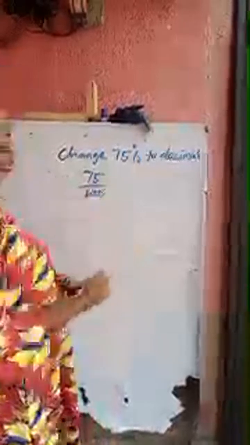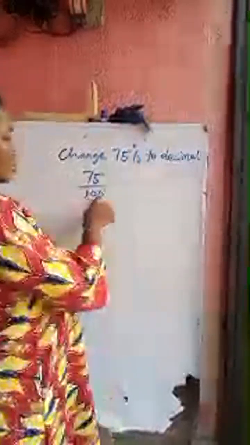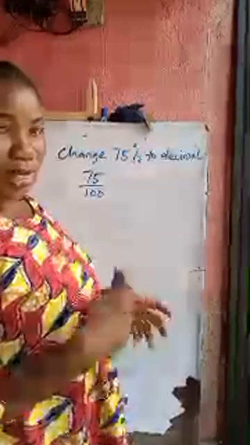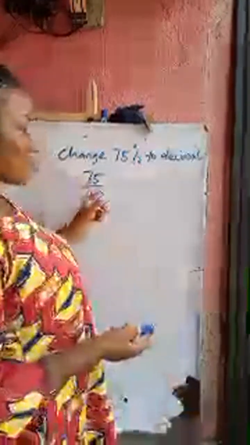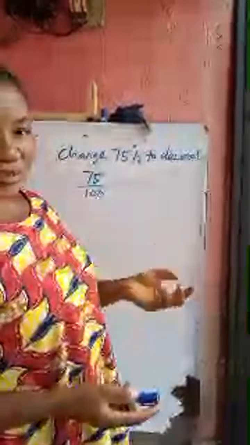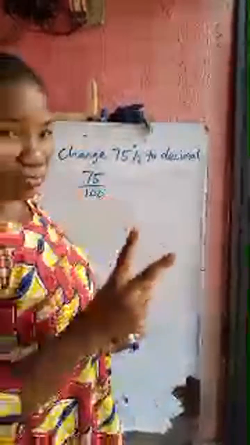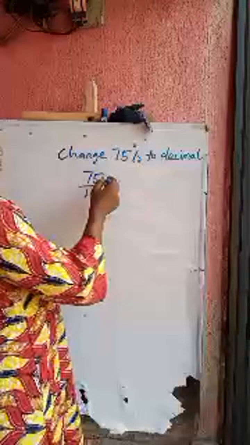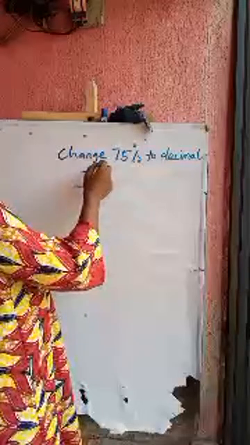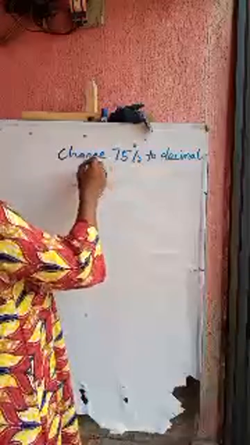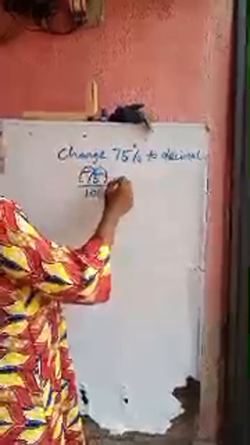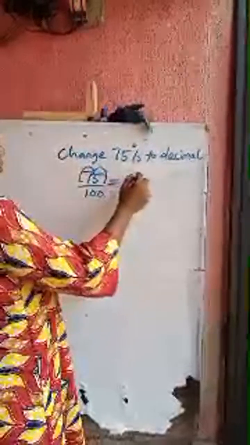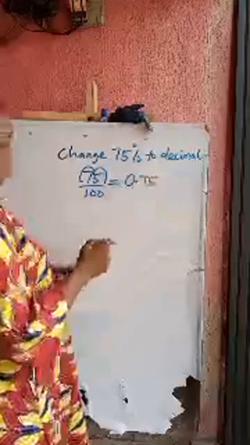So we are going to change it to a decimal. Hence, we have two zeros at the bottom as the denominator. We are going to correct the numerator, which is 75, into two decimal places. From the right to the left, 1, 2. So our final answer is 0.75.